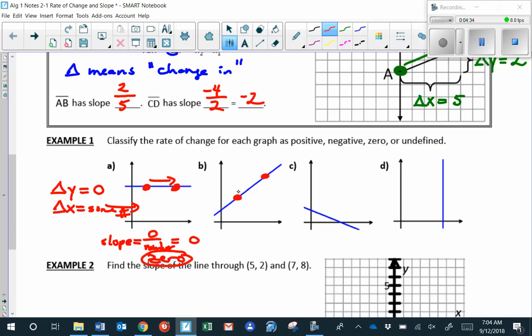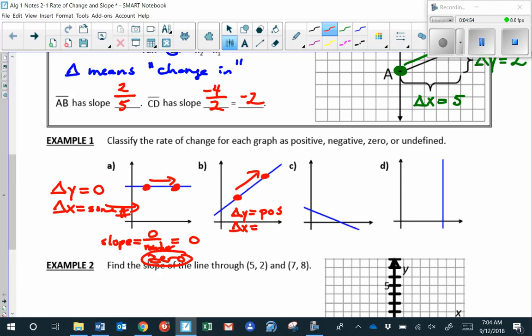For the next graph, I'm going to pick 2 points and I'm going to travel from one to the next. I'm not as interested in what the actual numerical value is for the rise, but more, is it headed upward? Yes. So delta y is positive.